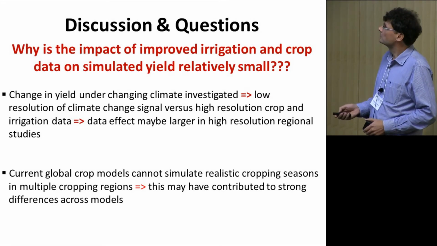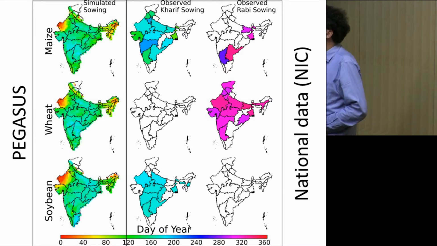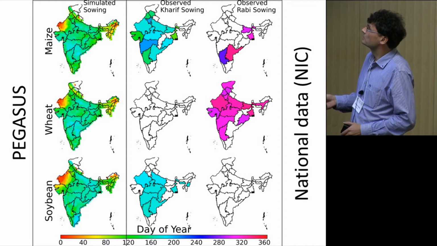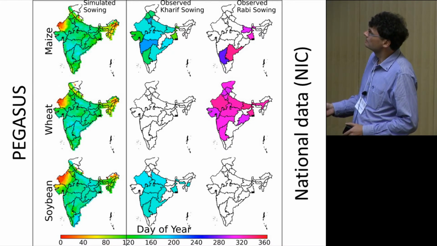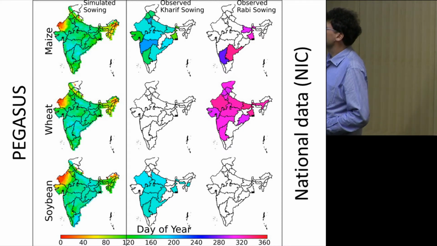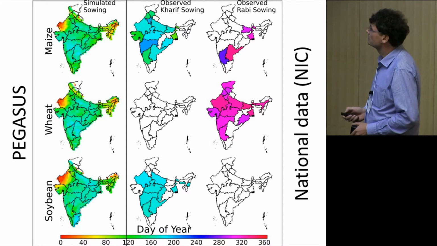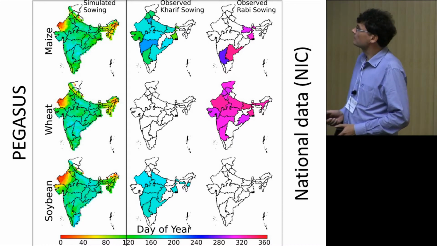I also would like to show one example here from Pegasus. Here we see the sowing date used in Pegasus for the three different crops. We have the day of the year, from the 1st of January to the end of the year. This is what goes into the model, and this is what national data or publications report with regard to the growing seasons of the crops.